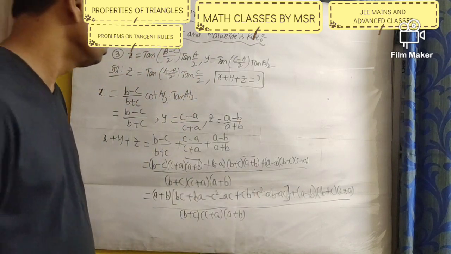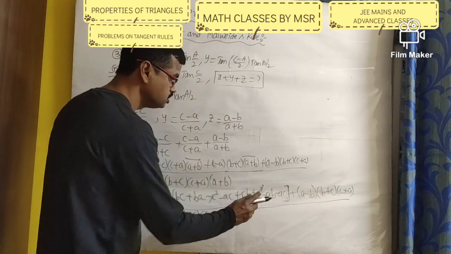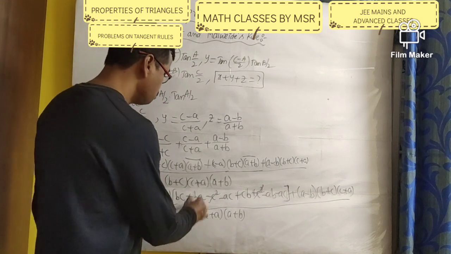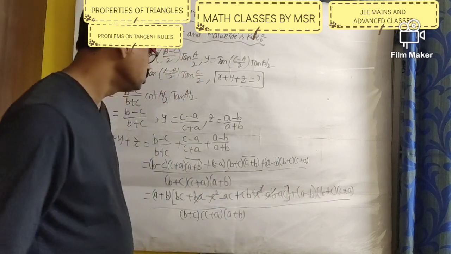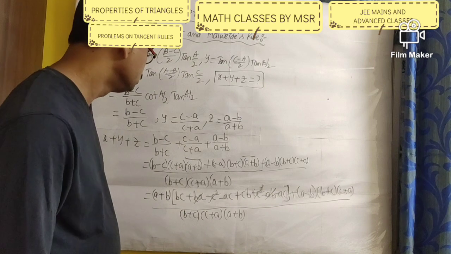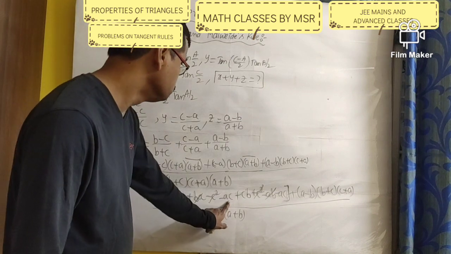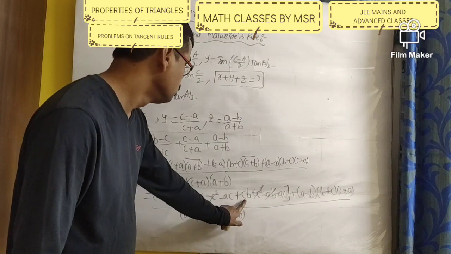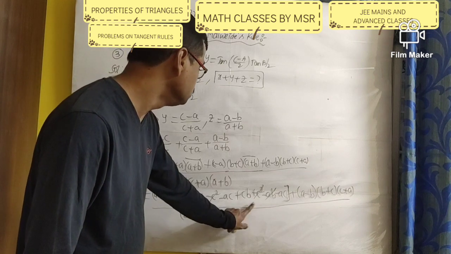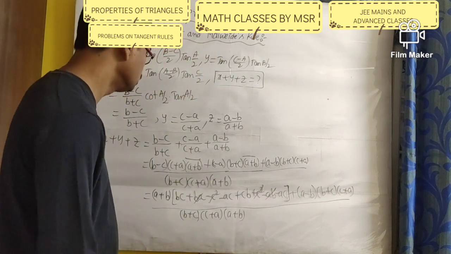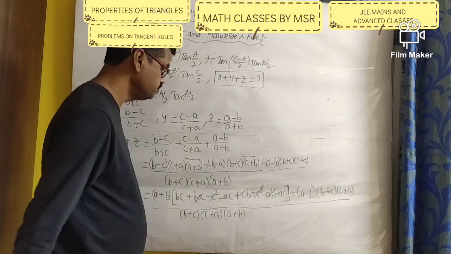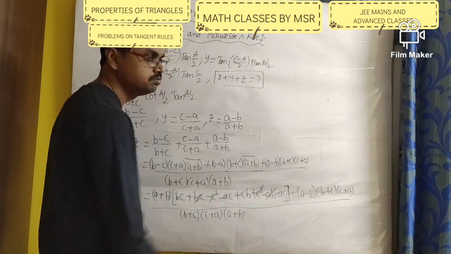Now check it out. Any cancellations? Minus c square plus c square, cancelled. Plus ba minus ba, cancelled. So left with bc minus ac, again plus bc minus 2ac. So you will get 2bc minus ac minus 2ac.